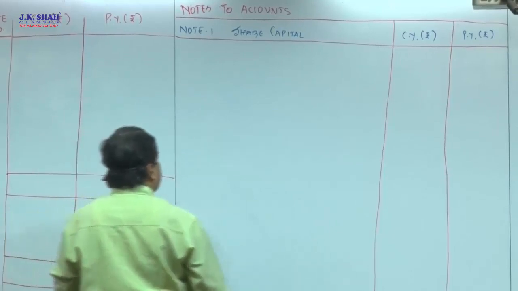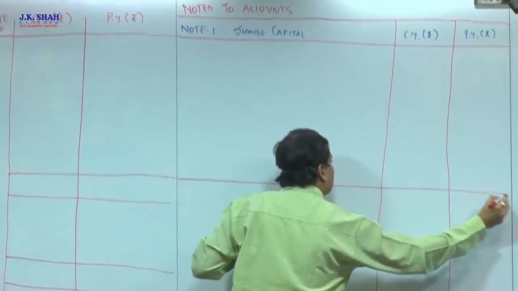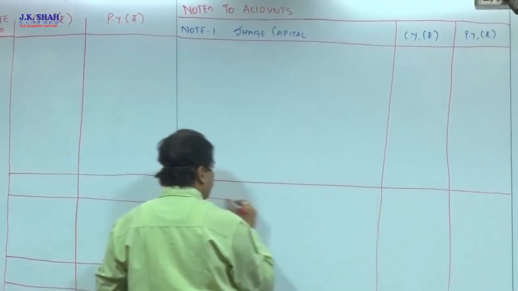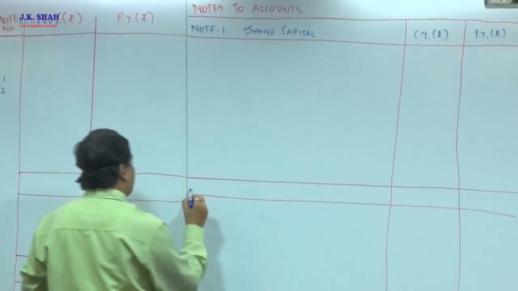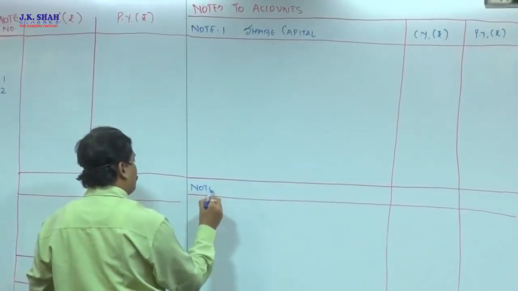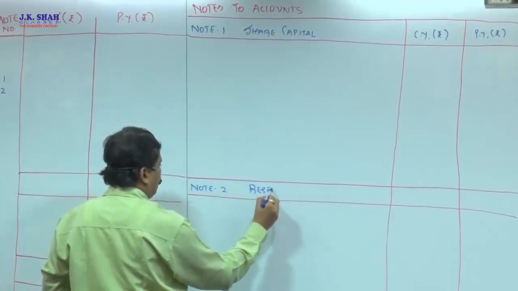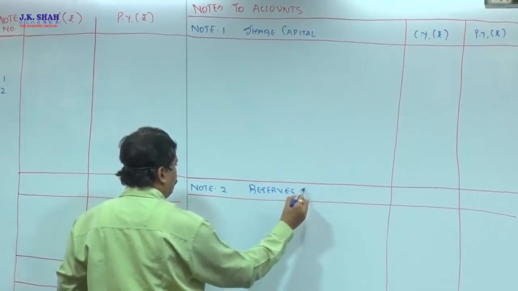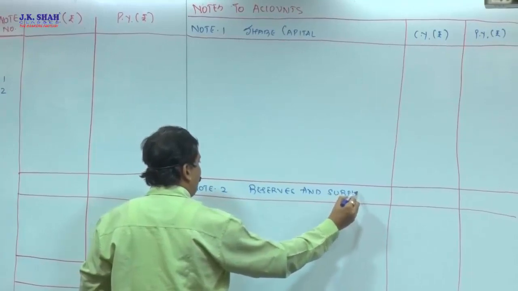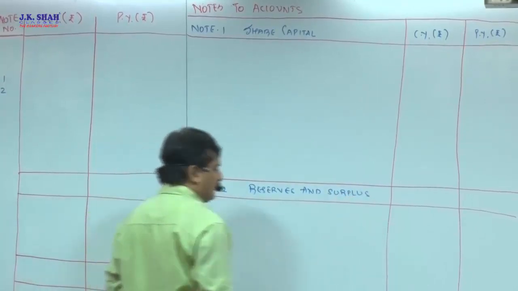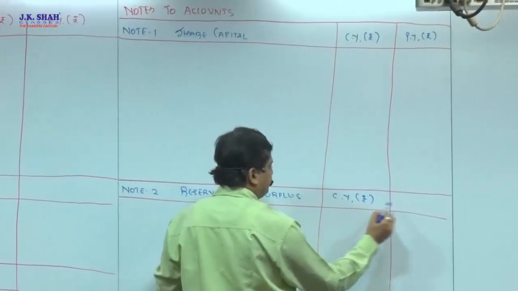Leave around 10 lines blank. After 10 lines, note 2, which is reserves and surplus. Same, current year rupees, previous year rupees.